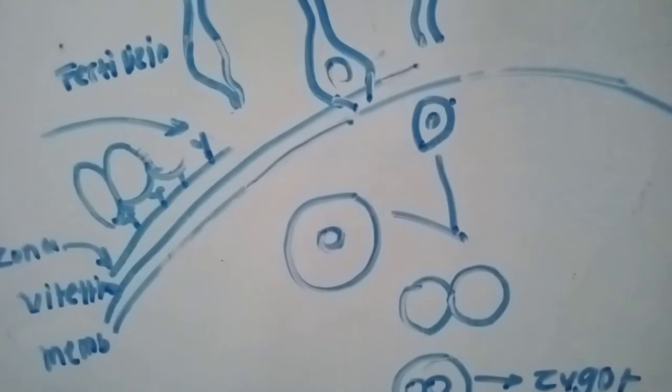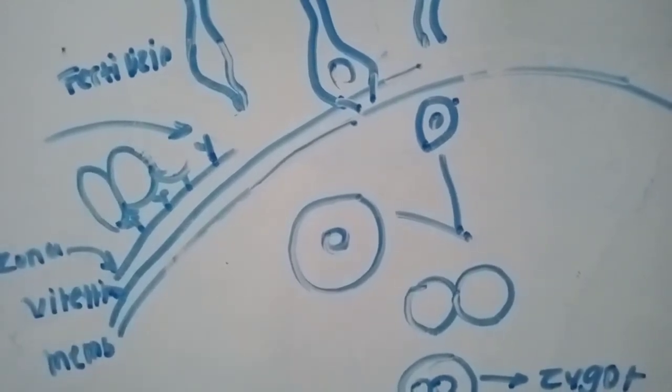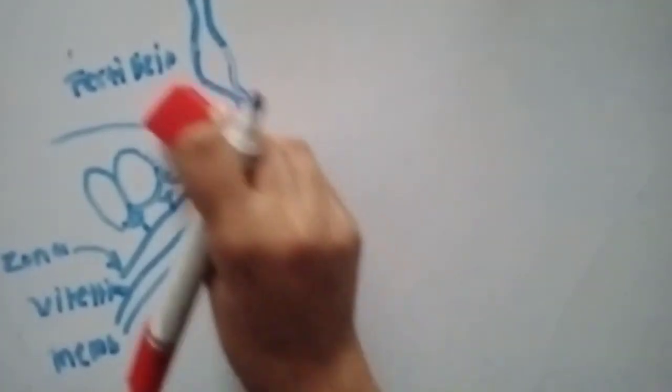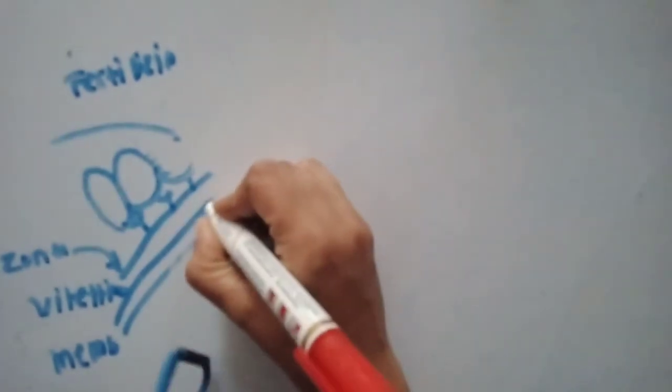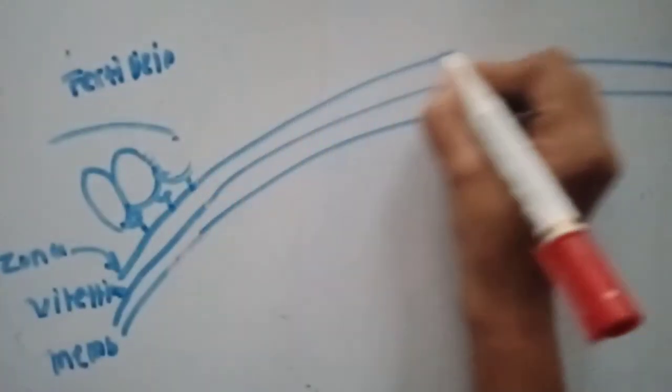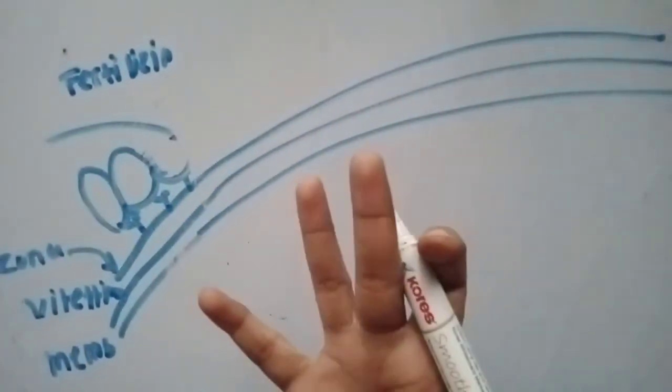Now we'll study how polyspermy is blocked here. Suppose millions of sperms get discharged through semen, and 50% of these sperms get killed when they come in contact with the vaginal environment.